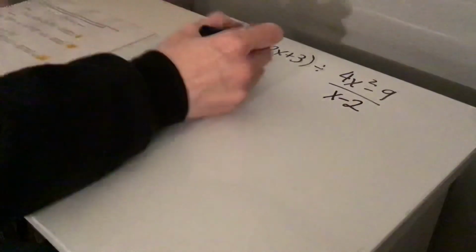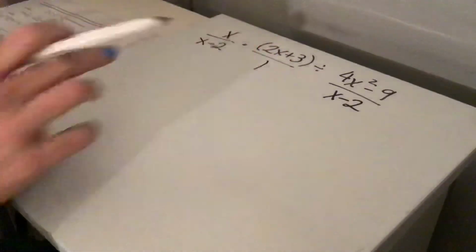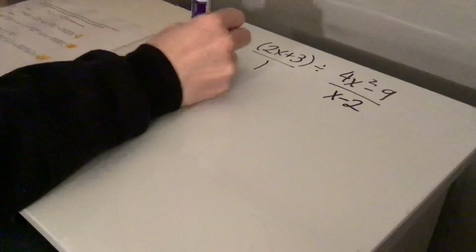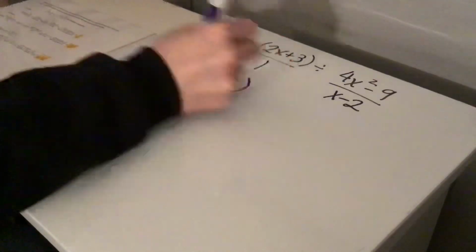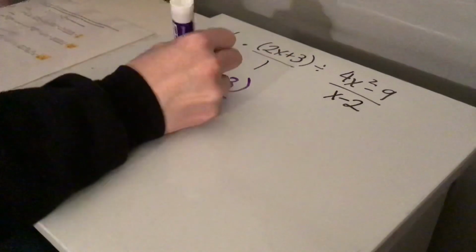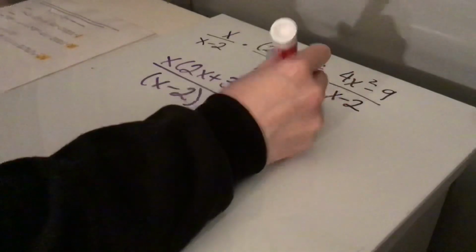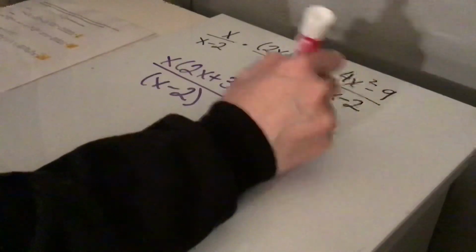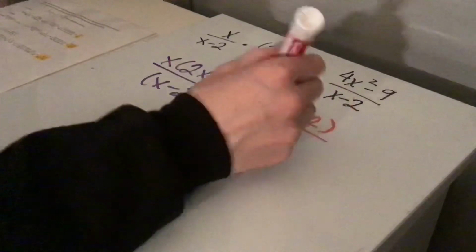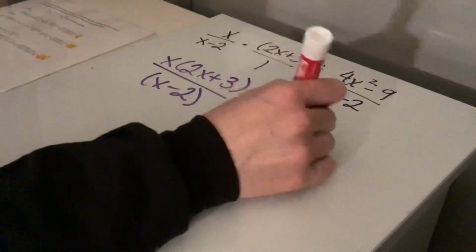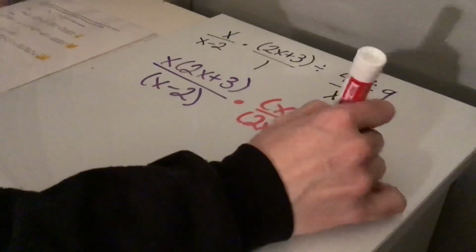So multiplication, this is really just over 1. So we have the first two, factor as we go. So multiply here, x times 2x plus 3 over x minus 2. Then it's division, so we're going to multiply by the reciprocal, so x minus 2. 4x squared minus 9 is a difference of two squares, so it's 2x minus 3 times 2x plus 3.